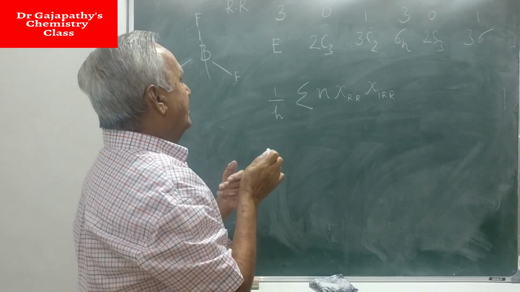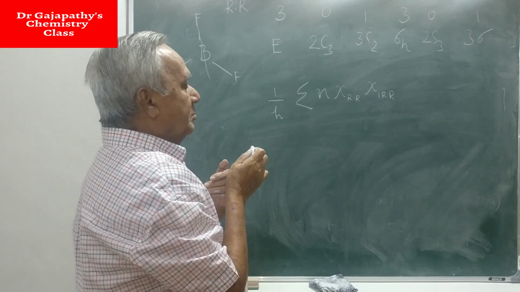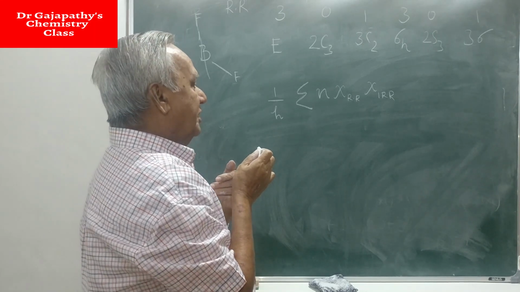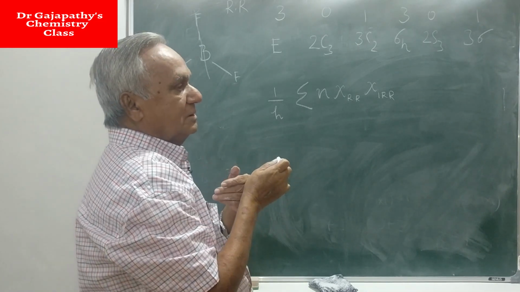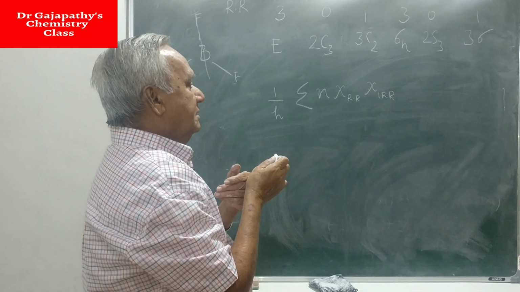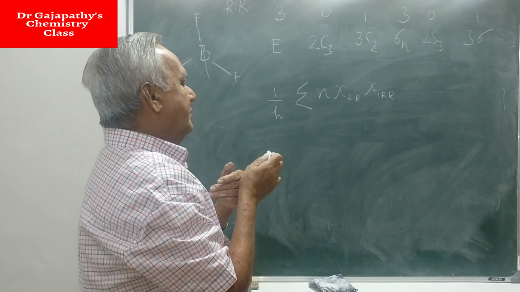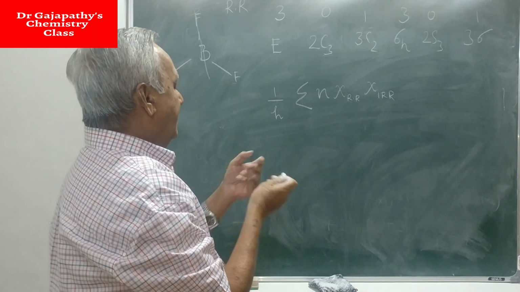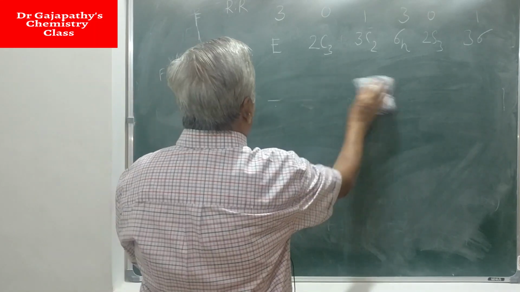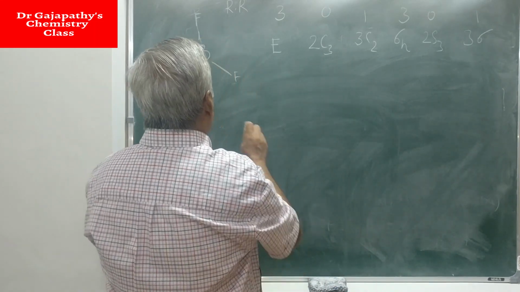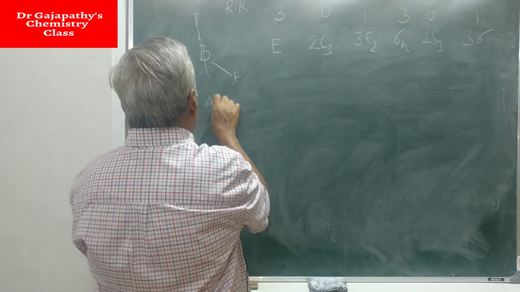So let me use this formula, find out how many A1 primes are there, A2 primes are there, E primes are there, A2 double prime, E double prime, A1 double prime, everything I can find out now. So let us look into that procedure now. First I am going to find out how many A1 primes are there.